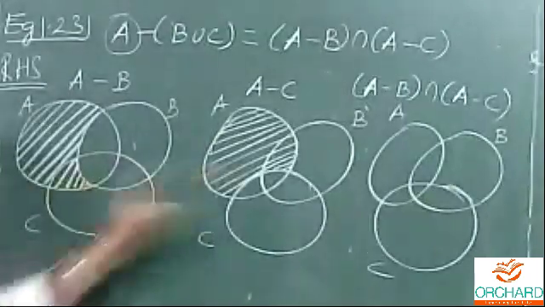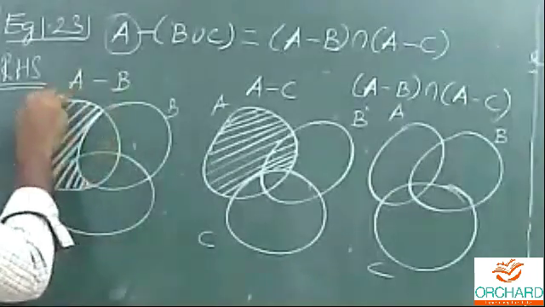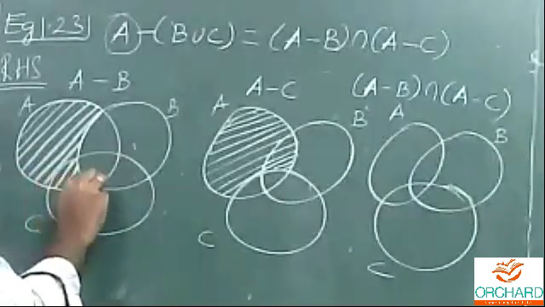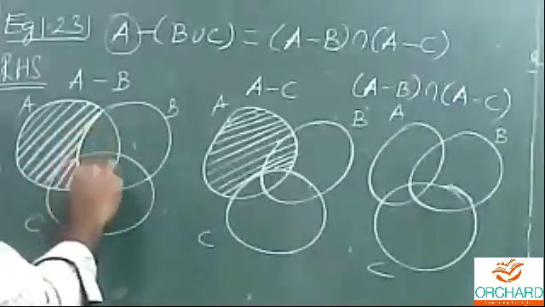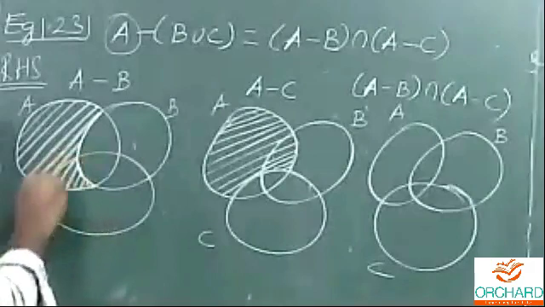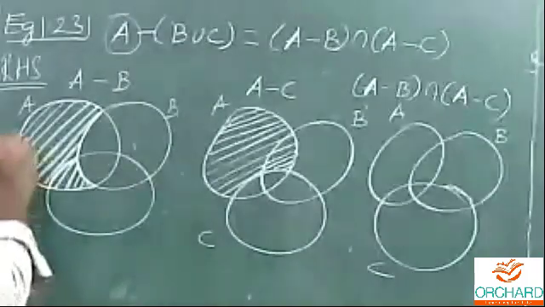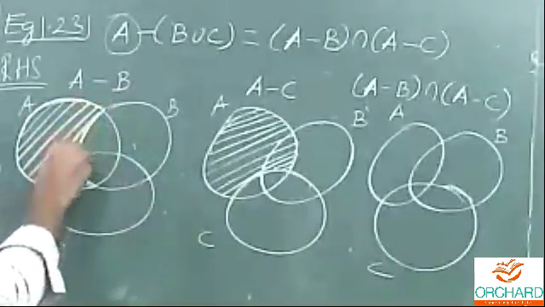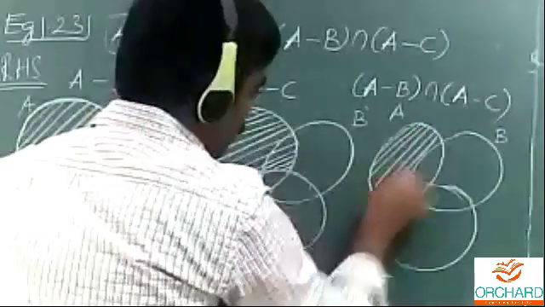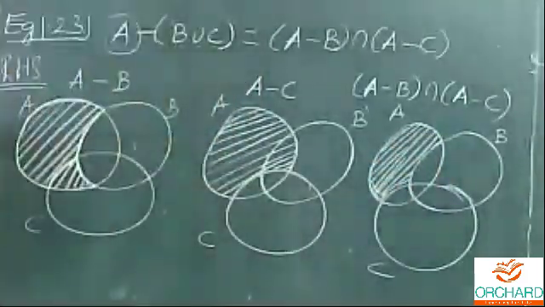Now compare the two diagrams. This portion only is the common part. Just shade it. This is the shaded portion, and this is the common part, called equation number 2.